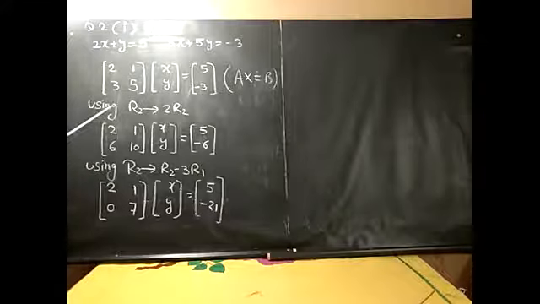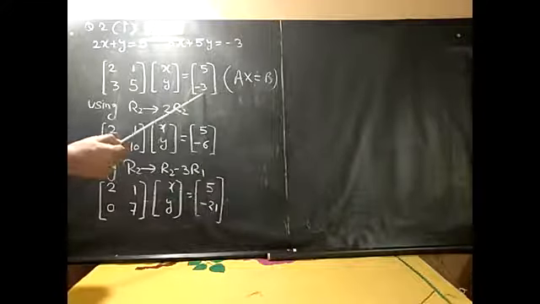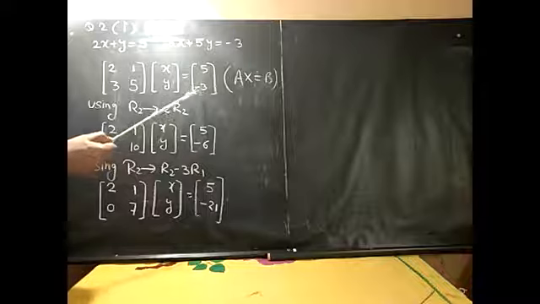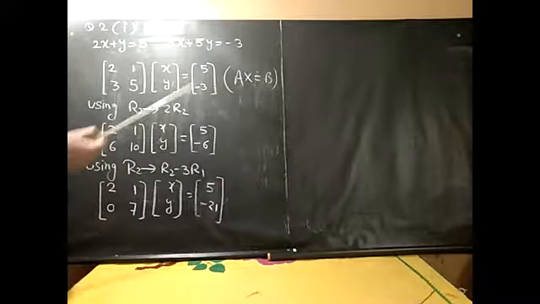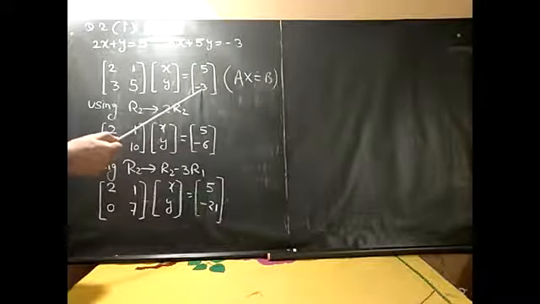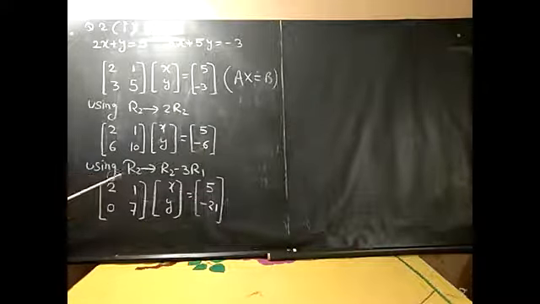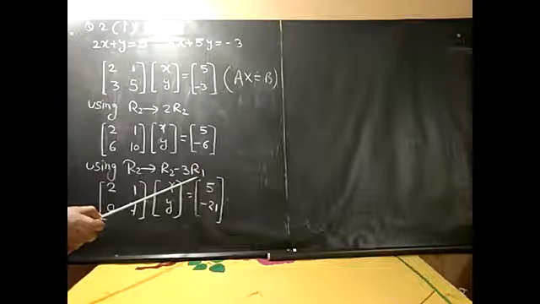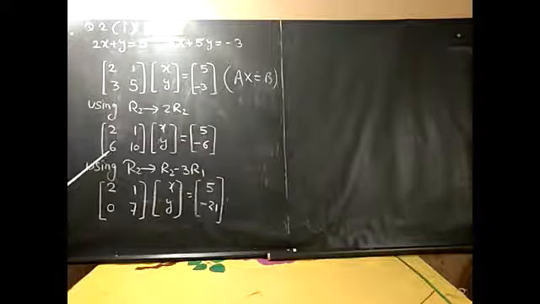Now, similar transformation we are doing on right hand side matrix, which is on the right hand side of equal to. 2 times R2 means 2 times minus 3, that is minus 6. Now come over here. R2 minus 3 times R1, 6 minus 3 times 2. 3 times 2 means 6. 6 minus 6, 0.